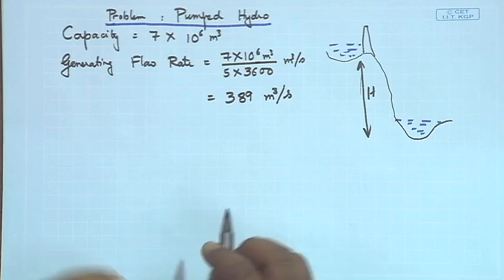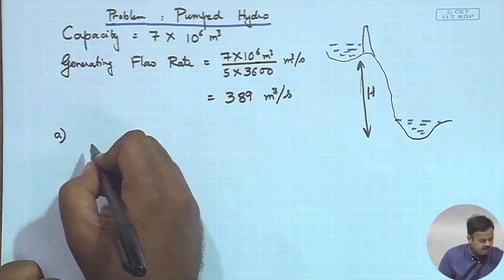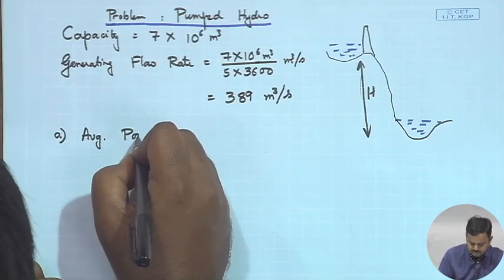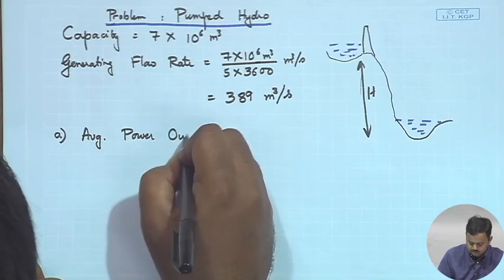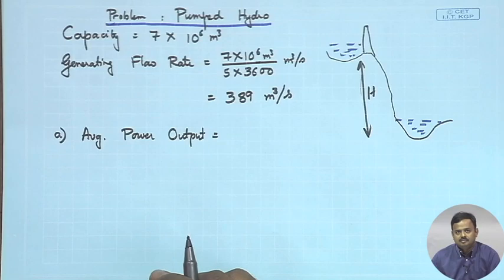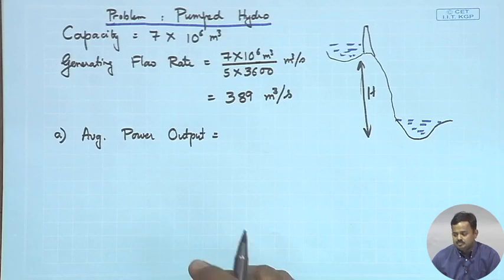Okay. So, what have we been asked for? We are asked what is the average power output. So, average power output, what is that going to be? Okay. So, power is, we know, volume flow rate times pressure drop, right.